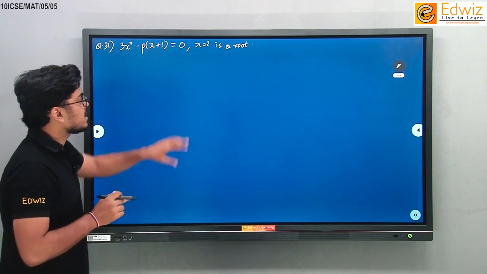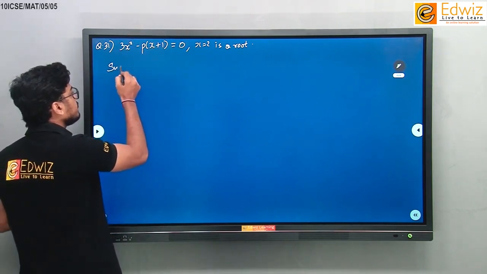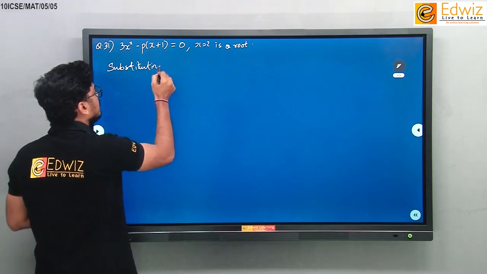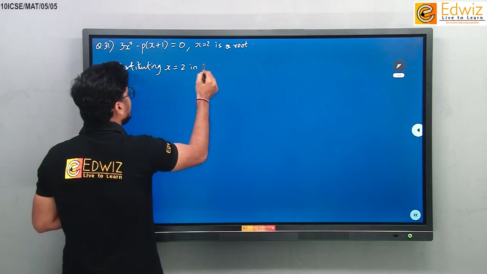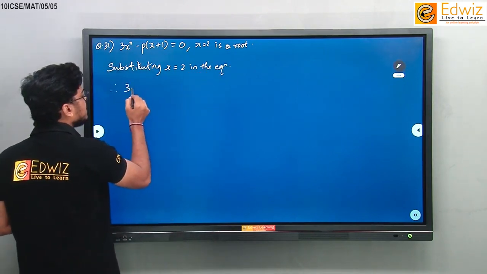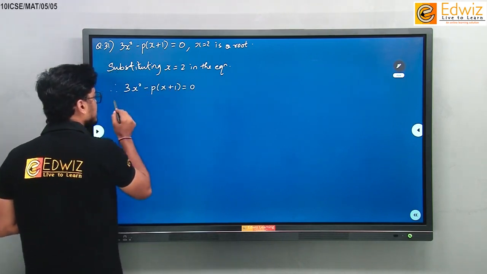Just like the previous question, substitute x equal to 2 in this equation. So substituting x equals 2 in the equation, your equation will become 3x square minus p into x plus 1 equal to 0. This is what it was.